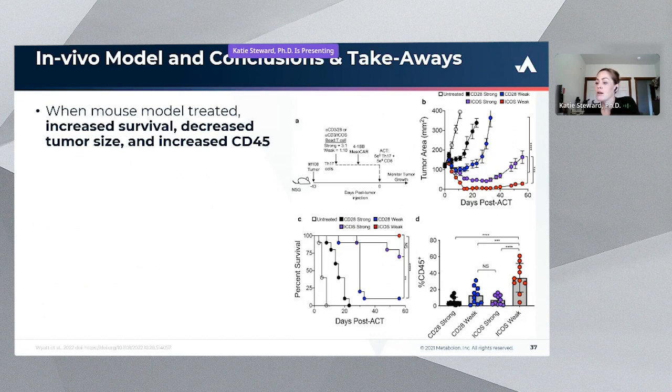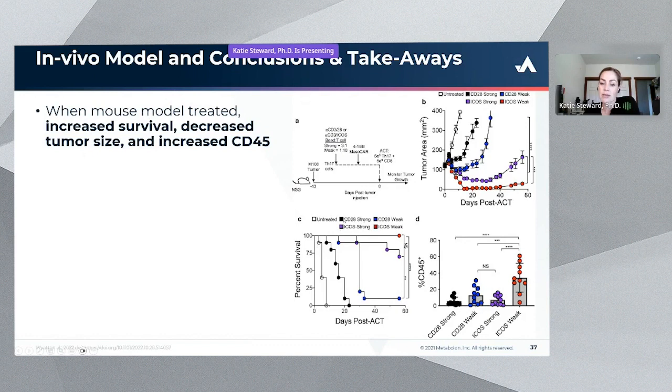So they treated in vivo NSG mice that were bearing M108 tumors with their different T cells, with the activated, weakly activated and strongly activated cells. And you can see that the weakly activated cells showed an increased survival, which you can see here on their survival plot. The untreated mice are here in the white trace.